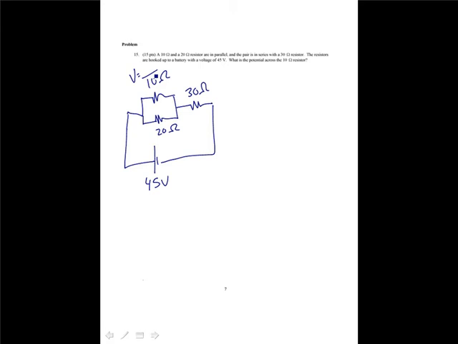I first want to break down my equivalent resistance a little bit. If I take the equivalent resistance of these two, that's 1 over 10 plus 1 over 20. That's equal to 6.7 ohms. So if I redraw this, I get a 6.7 and a 30 ohm resistor.